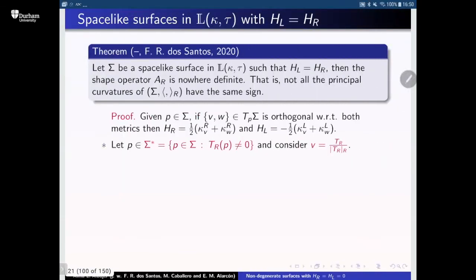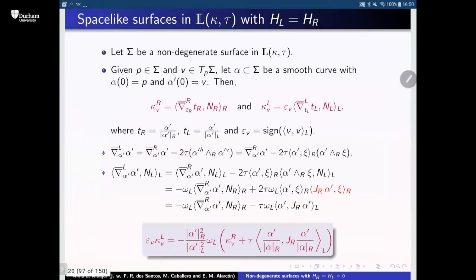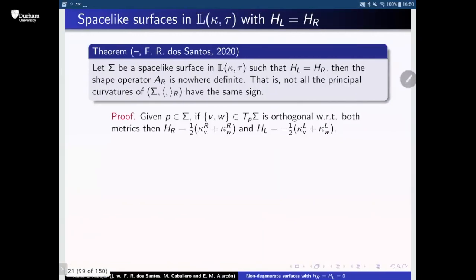So the idea is to consider a basis, V, W, which is orthogonal simultaneously with respect to both metrics. And so the normal curvature is going to be different with respect to one metric and to the other, but we can relate these normal curvatures using the relation that I showed in the last slide. Using the relation, we can relate these mean curvature functions.